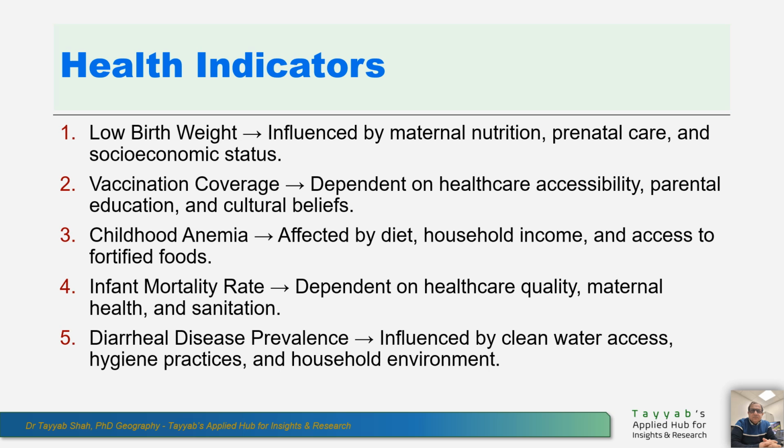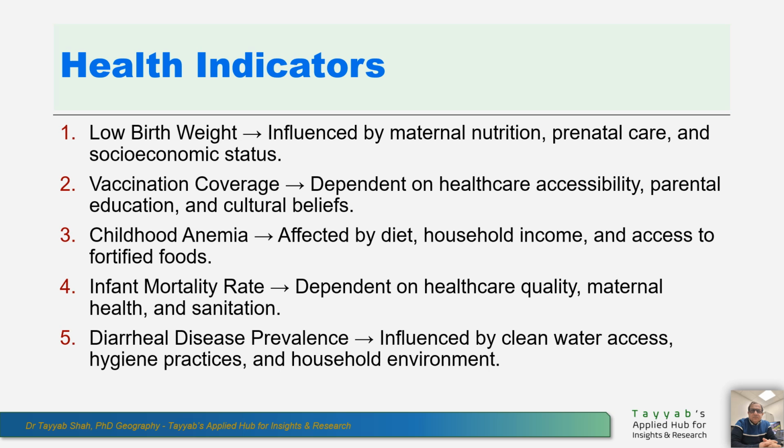So the first one is the health indicators. If you can see, there are five different examples on this slide, starting with low birth weight. Vaccination coverage is also important, especially after this COVID spell, to make sure everybody is safe. Childhood deficiencies of different kinds could also be part of that.